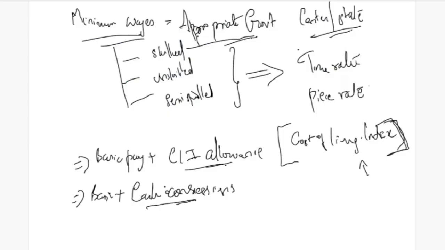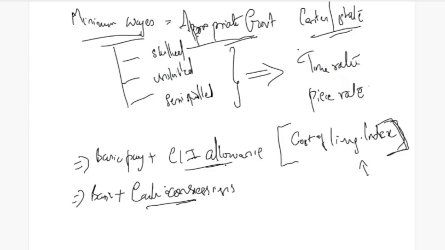Cash value of food concession. So essential products: instead of giving a cost of living allowance, when the cost of living index is increasing and the prices of various products are increasing, instead of paying the employees an additional margin of increase, the employees will be given a concession on the essential products.